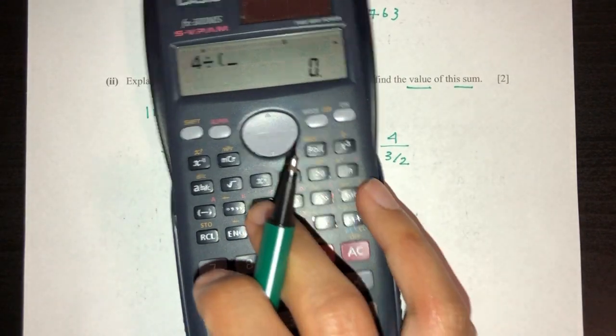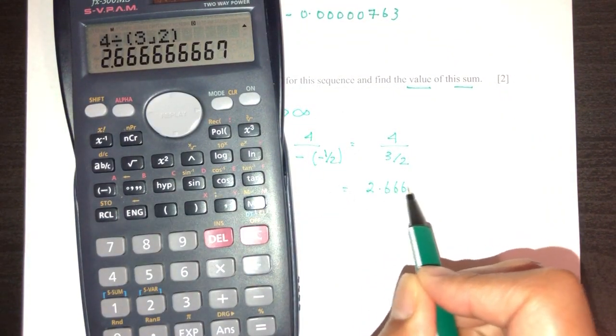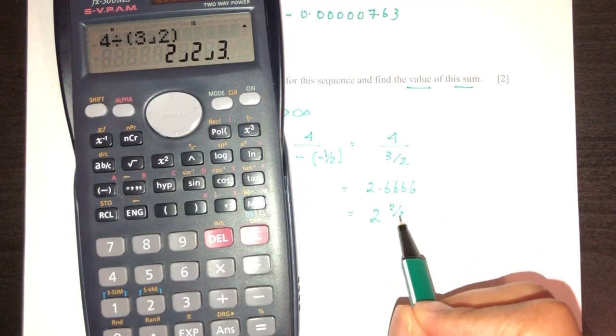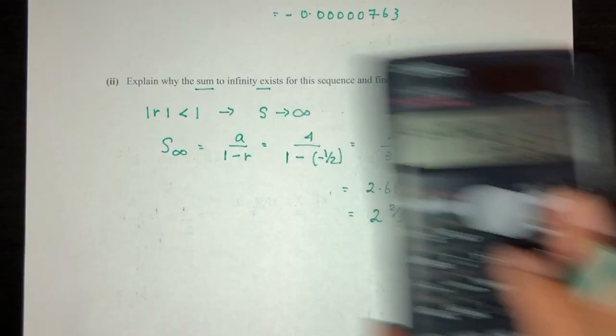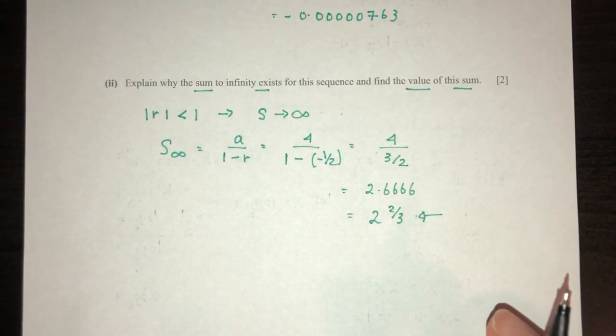So 4 divided by 3 over 2 will be 2.6666, or you can write 8/3. That will be your sum to infinity of this sequence. That is your question number 10.